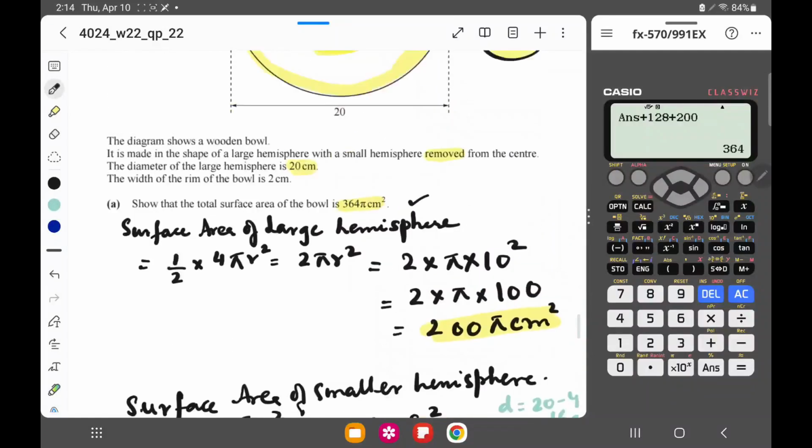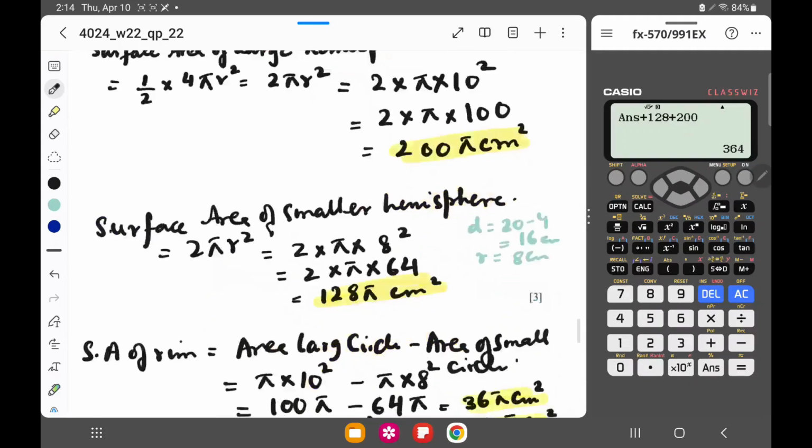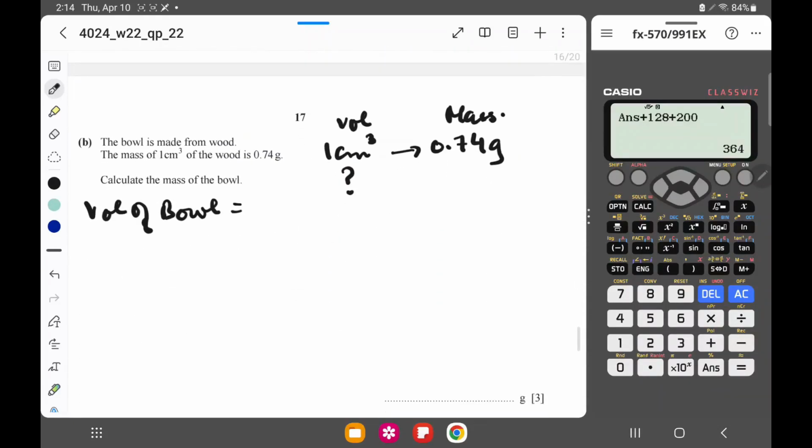Here 4/3 pi r cube is the volume of a sphere. It is a hemisphere, so half of 4/3 pi r cube, which is 2/3 pi r cube.